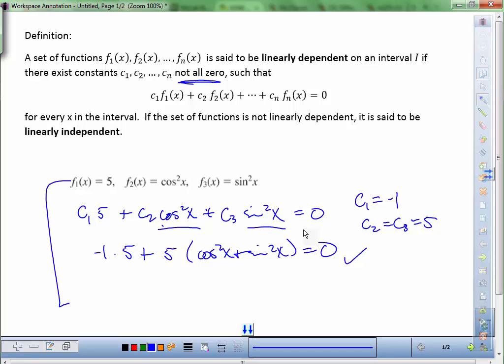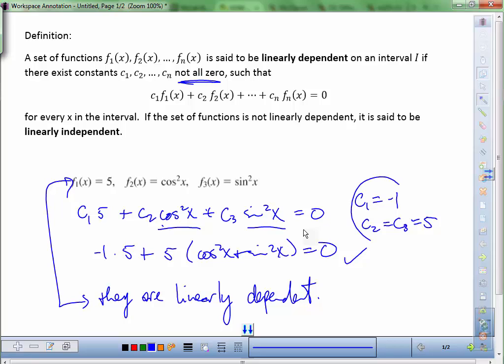What can you say about these things? They are linearly independent or dependent? Dependent. If you can get non-zero values to make this equal to 0, then it would be dependent.